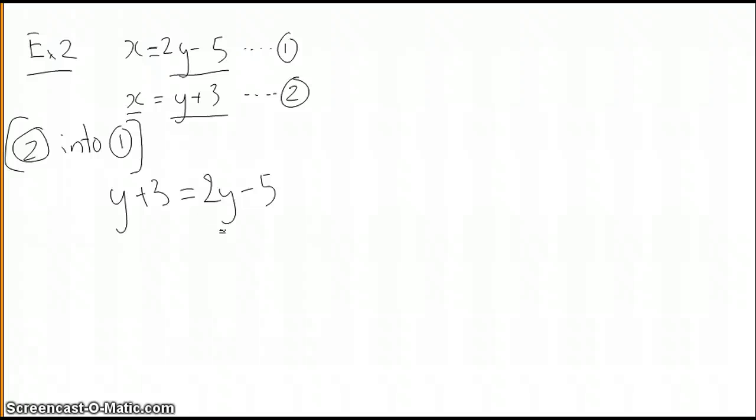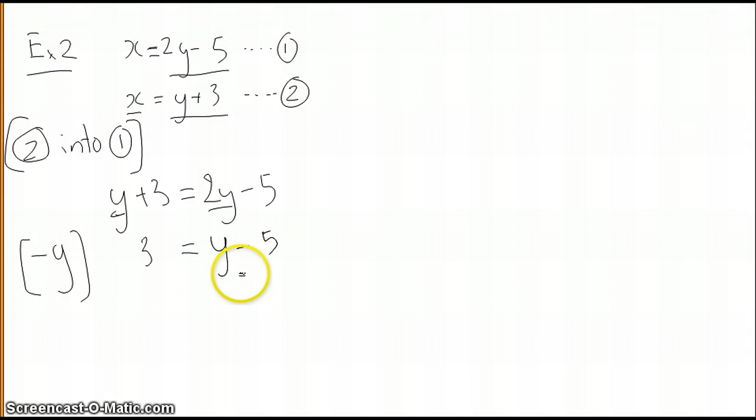There are y's on both sides of the equation. Collect the y's where there are more of them. So there are more on the right hand side. So I'm going to subtract this positive y here from both sides. So do this to both sides, subtract 1y. So in other words, on the left hand side I'm left with 3. 2y minus 1y on the right hand side is just 1y.